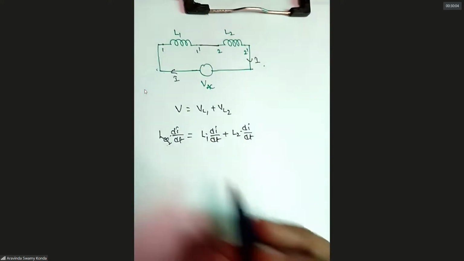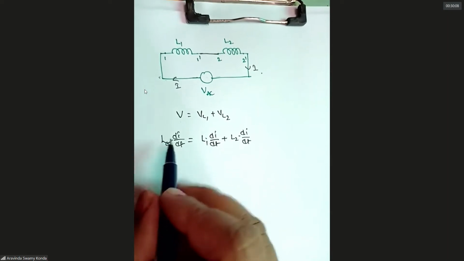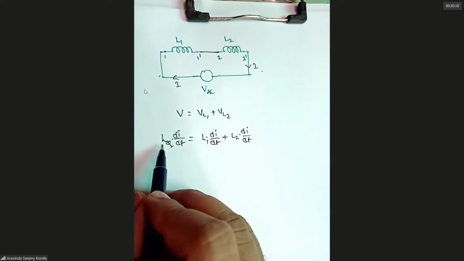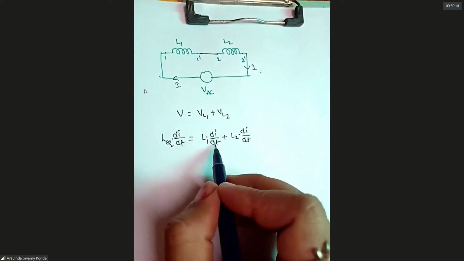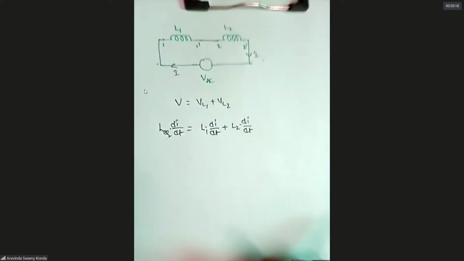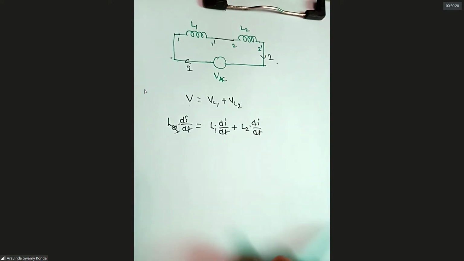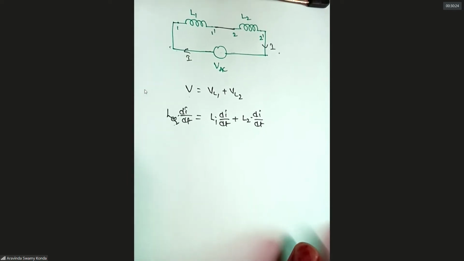Yes or no? What you wrote in the resistor part, total resistance into total current, here also you write total inductance into di by dt. So VL1 is L1 into di by dt, VL2 is L2 into di by dt. Why am I not writing di1, di2? Because the current is the same.